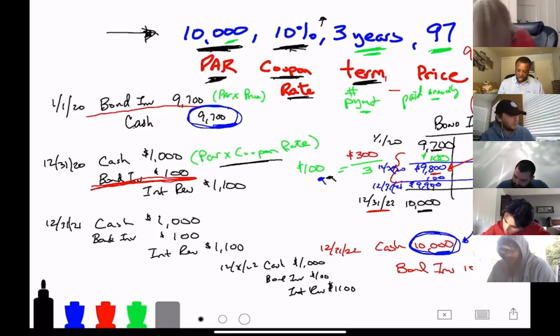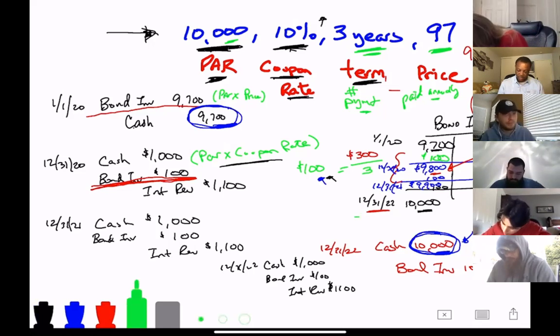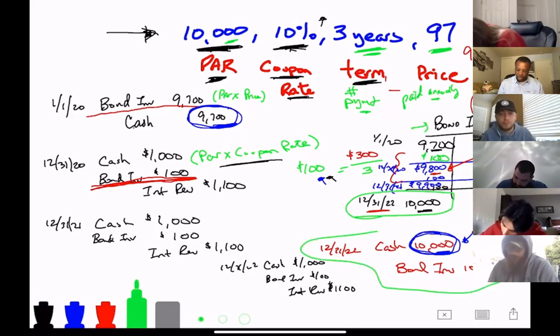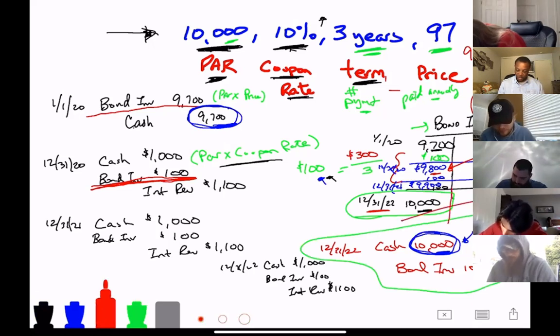So now we've got this 100 going here. We've got 10,000 now sitting in our bond investment account. So when we do this journal entry right here, this thing goes from 10,000 to 0.